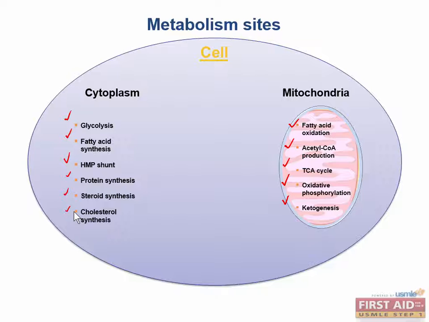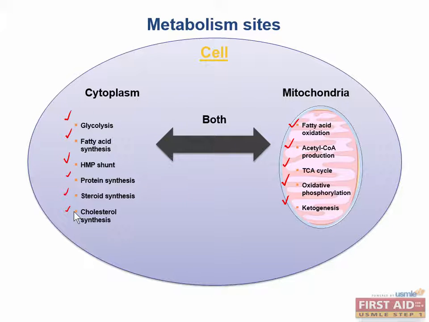Do you remember what types of proteins are produced on our rough endoplasmic reticulum? Well, we have three main ones. Proteins that are meant to be secreted from the cell, proteins that are meant to be bound within organelles, or proteins that are embedded in the membrane are all going to be synthesized on the rough endoplasmic reticulum. On the other hand, steroid and cholesterol synthesis occur on the smooth endoplasmic reticulum.